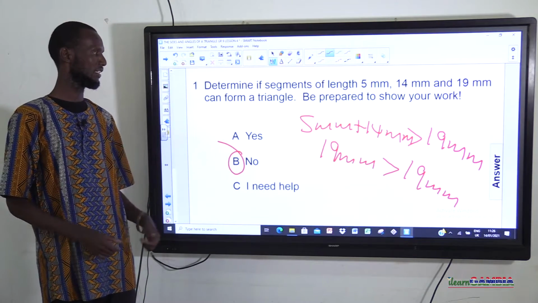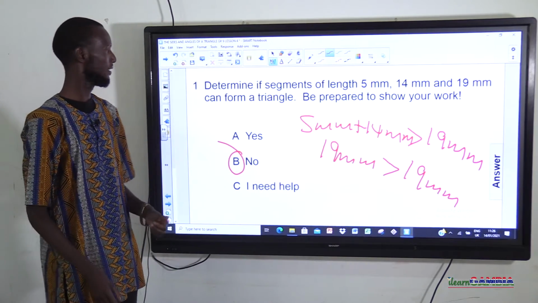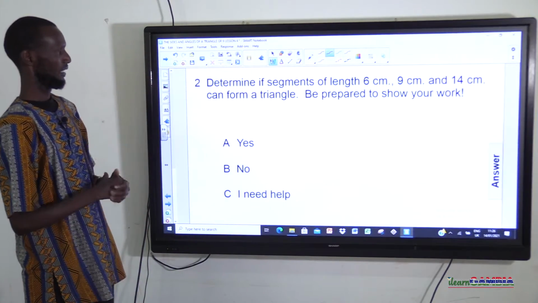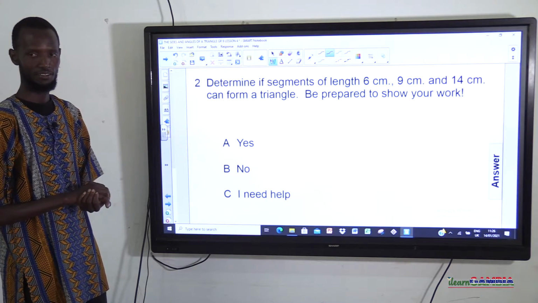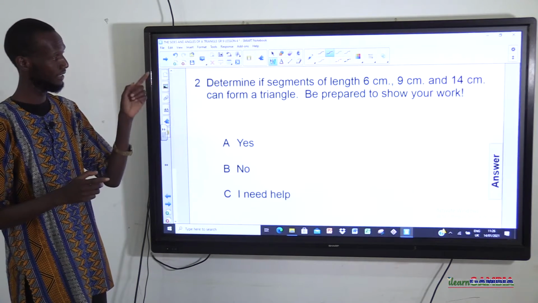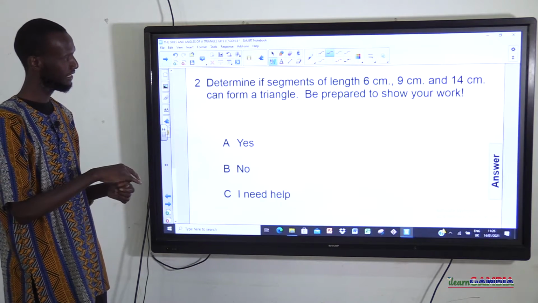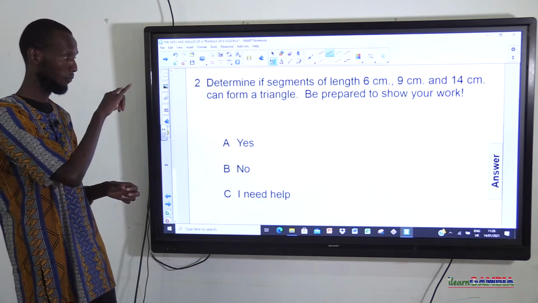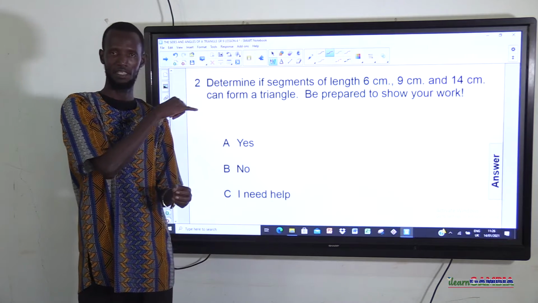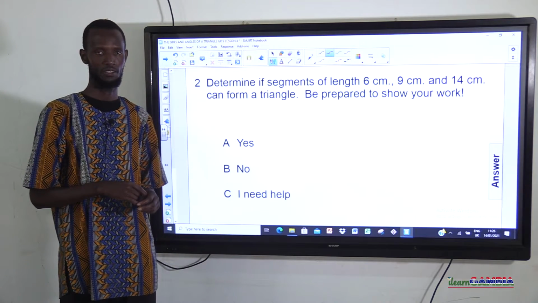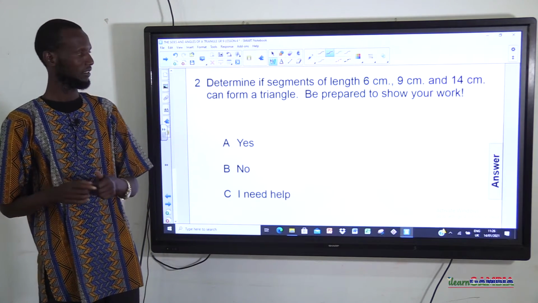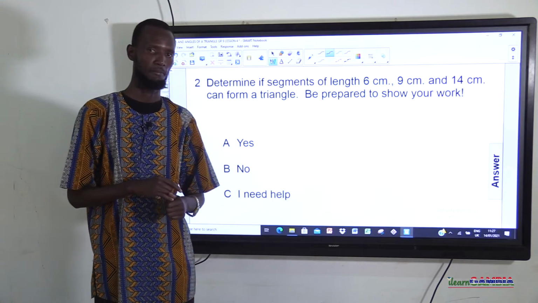So our answer here would be no. Now go ahead and try this and see what you get. See if you can determine whether 6 centimeters, 9 centimeters and 14 centimeters can form a triangle. Okay? We know the shortcut, so that shouldn't take us time.